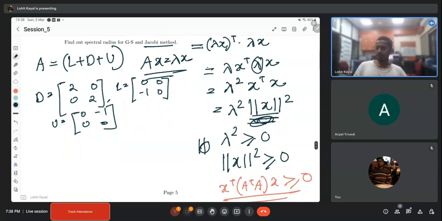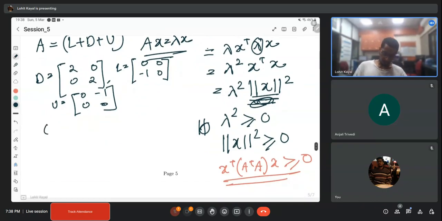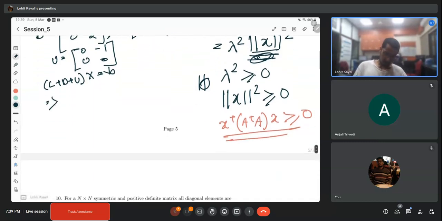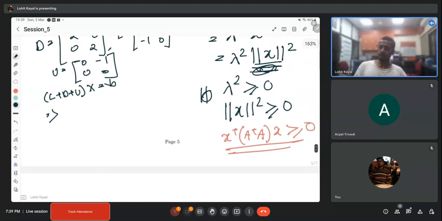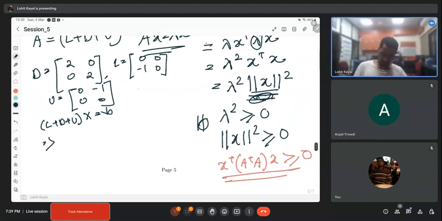Now I am trying to find the expression of X equal to P. So that means (L + D + U)X = B. Now, in the case of the Jacobi method, what was the expression?